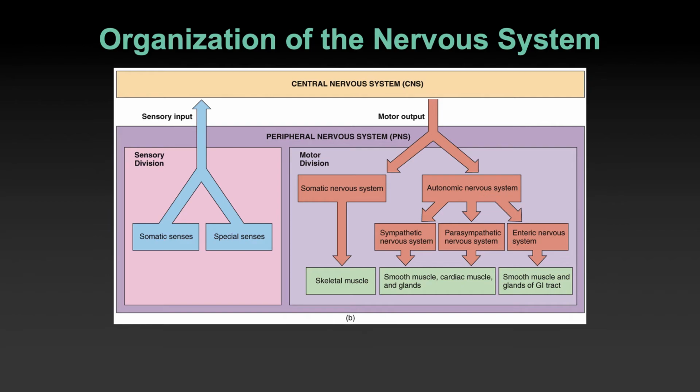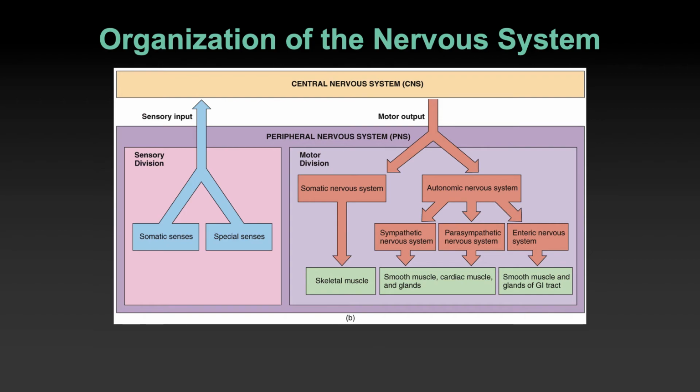And this is more appropriate because if you think about it, all of the different functions in the body are processed by the same brain. There isn't a hard and fast structural division. There are different areas of the brain that are specialized for vision or auditory stimuli or temperature, but it's the same brain. And so it might be a bit more appropriate to divide these areas functionally.